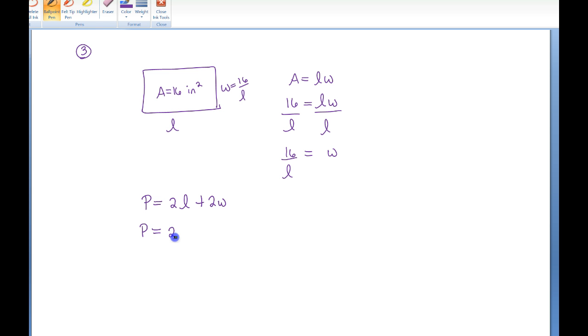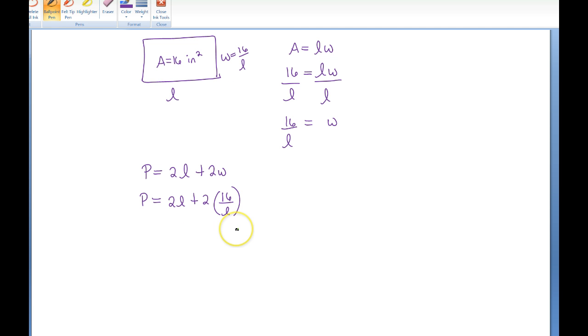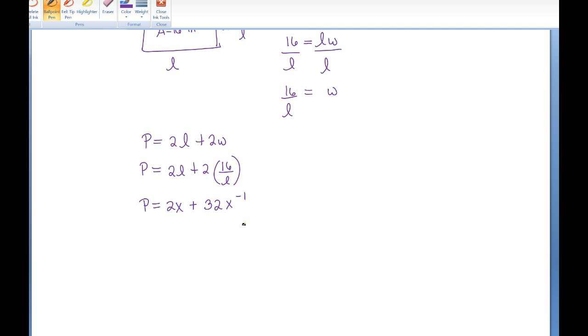So it's going to be 2L plus 2, and W, we're going to substitute in the 16 over L. If you don't like the L, you can always change that over to X. So we can make it like a 2X plus 32, and then we could do X to the negative 1, just to make it easier. So when we do the derivative, we get 2 minus 32X to the negative 2.